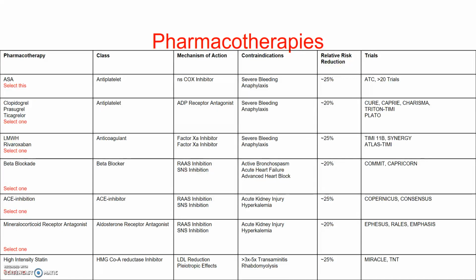Please review this table in detail, as there are many test questions that are developed and based on this table. It is important to know that each ACS patient should be on aspirin, either clopidogrel, a low molecular weight heparin, beta blocker, ACE inhibitor, mineralocorticoid receptor antagonist, and a high intensity statin.